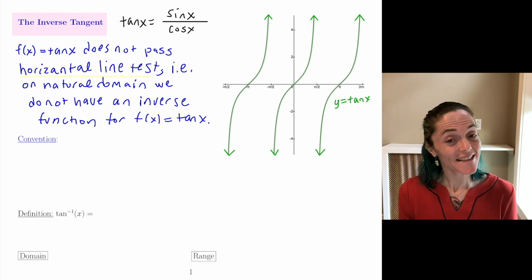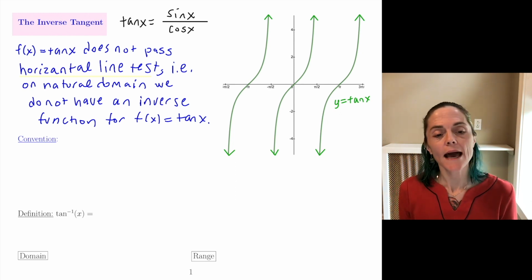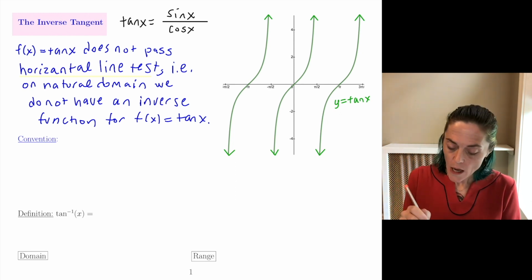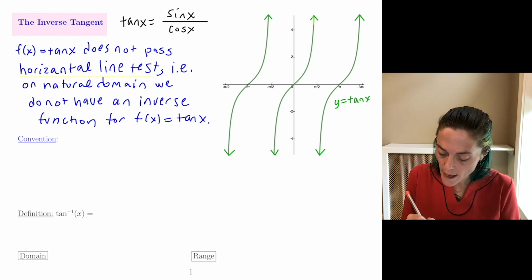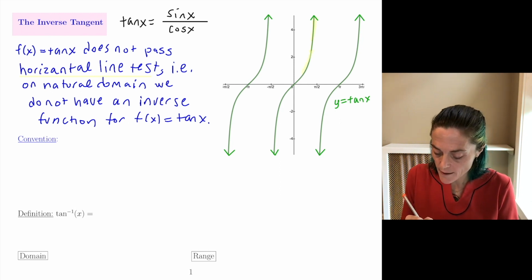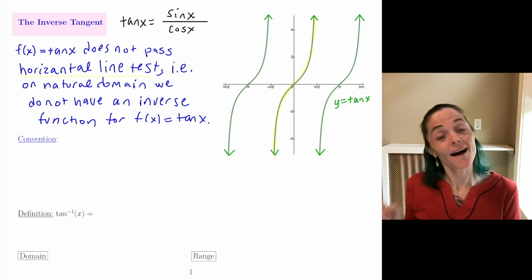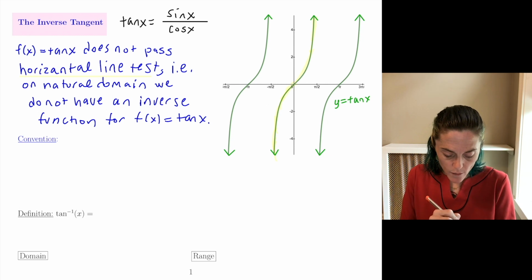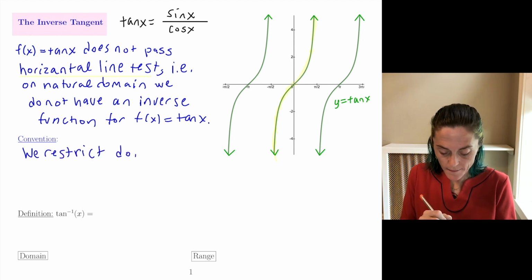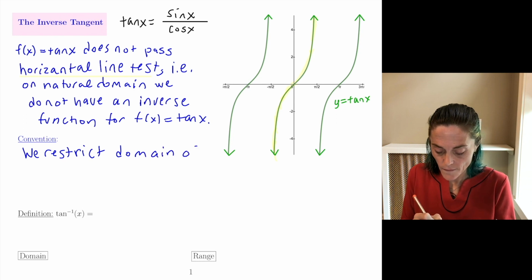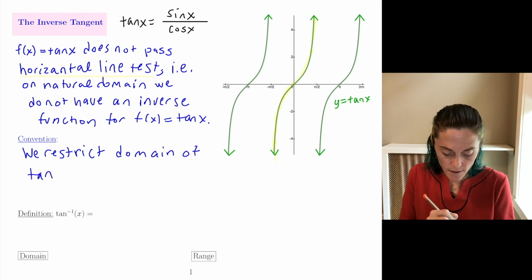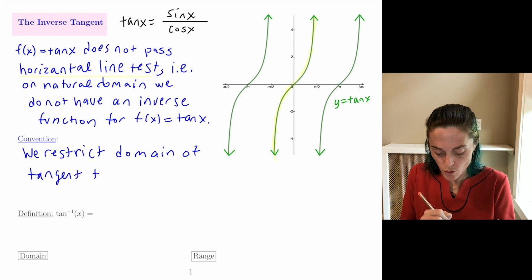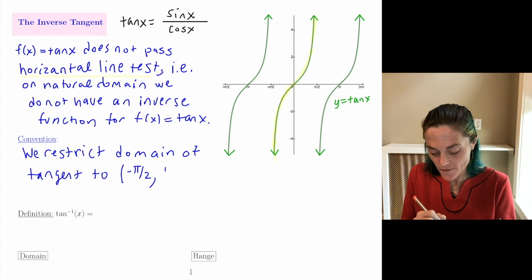Well, the story is not over. Fortunately, we have a convention. So what we can do is only look at this piece right here, which I've highlighted in yellow. So we restrict the domain of the tangent to this open interval, minus pi over 2 to pi over 2.